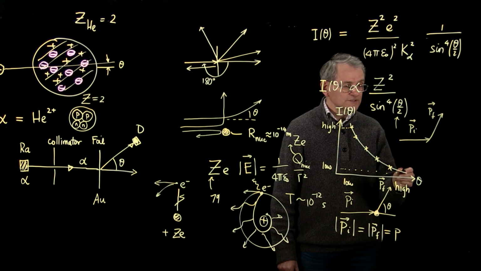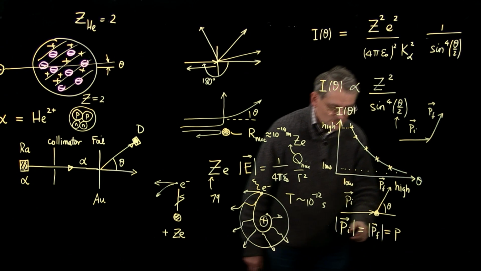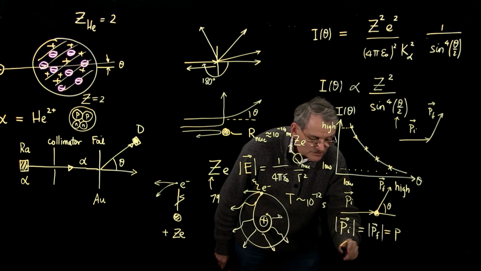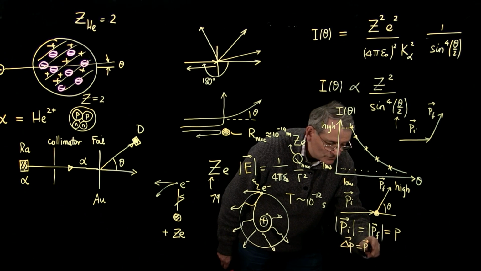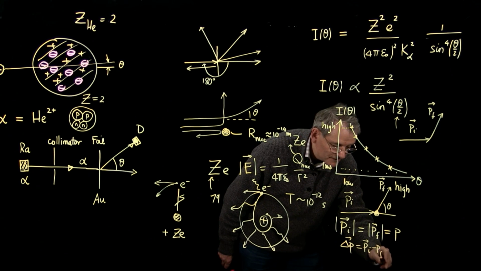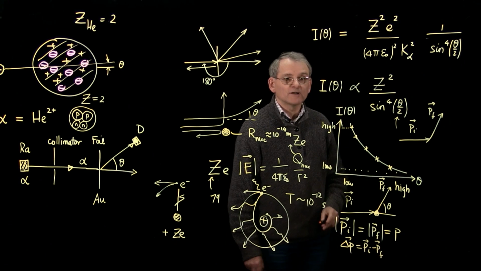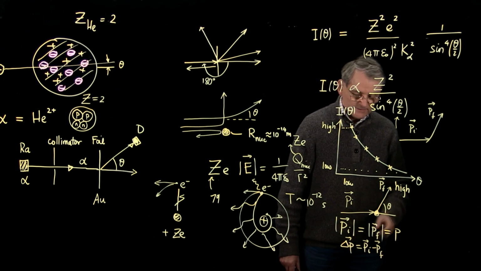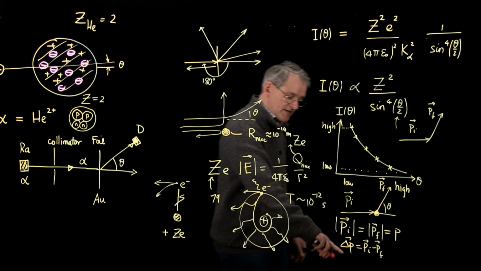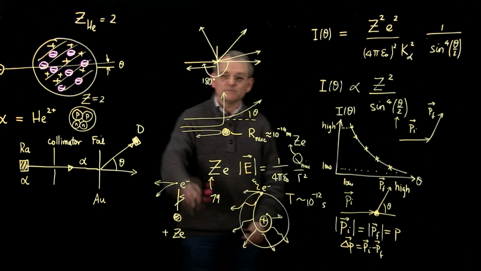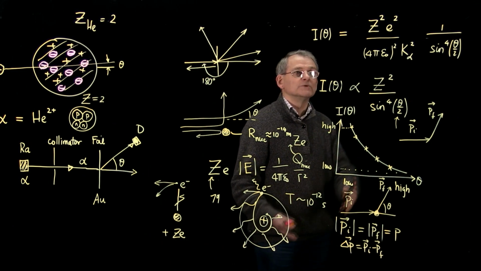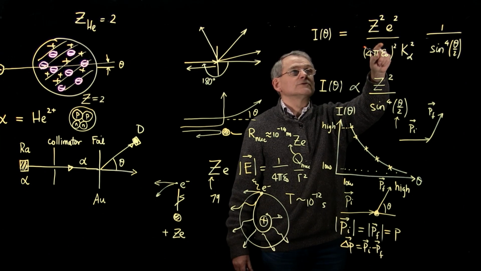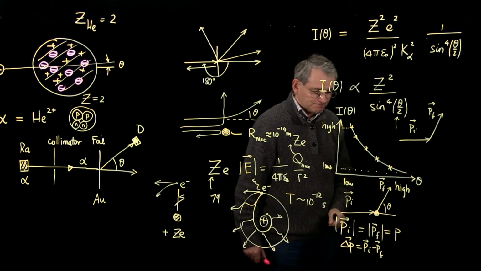But what I'd like to do is calculate the change in momentum. I'll write it as the initial momentum vector minus the final momentum vector. So that's the change in momentum. Indeed, the change in momentum over a short interval of time during the collision process gives rise to an impulse, from which Rutherford was able to derive this formula.